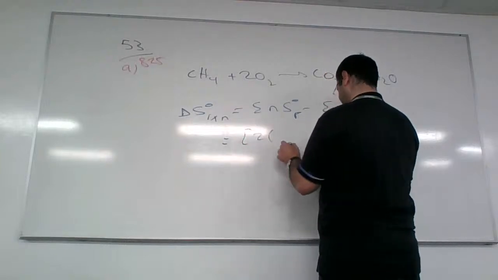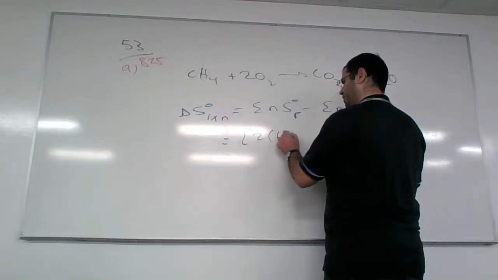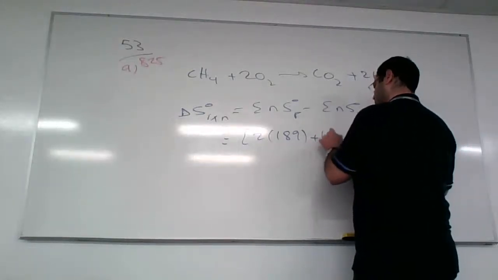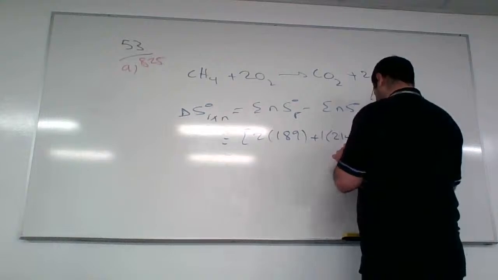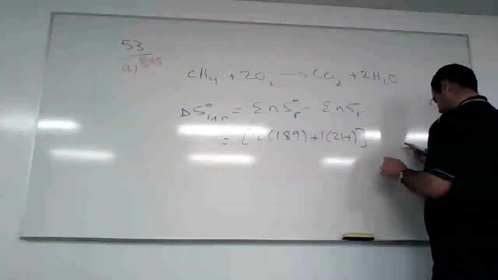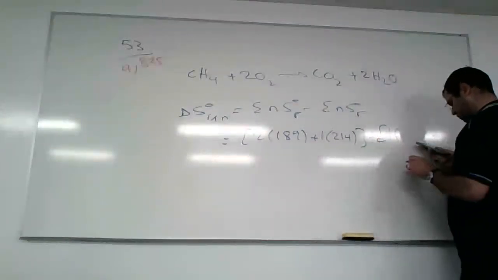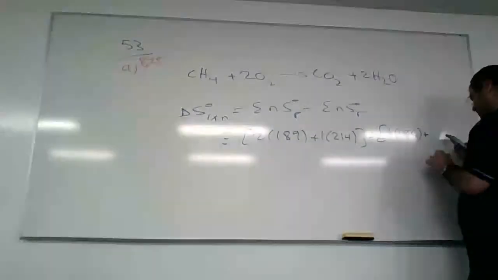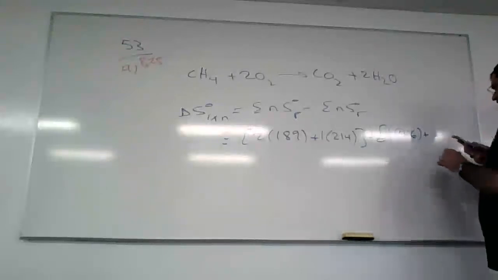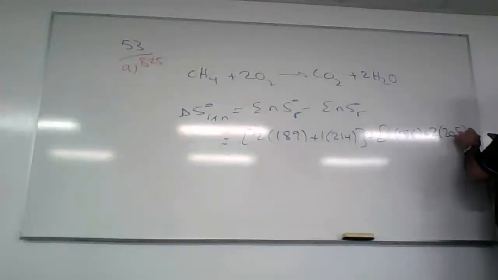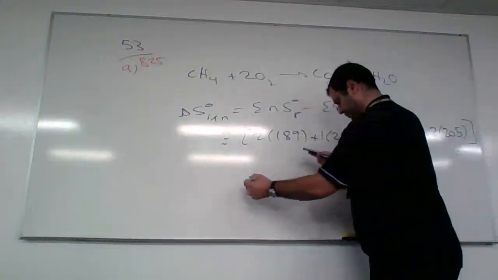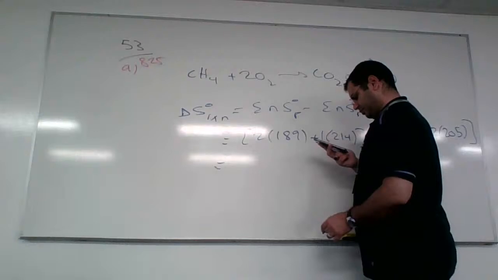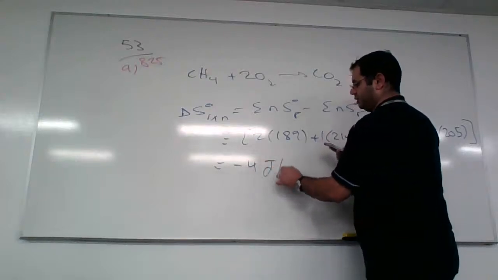It's 2 times 189, plus 1 times 214, minus 1 times 186 plus 2 times 205. You get what? Minus 4 joule per Kelvin.